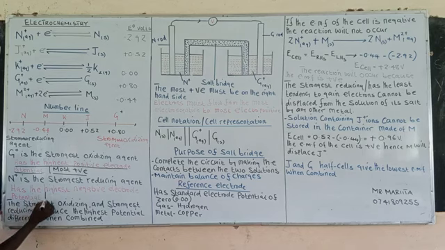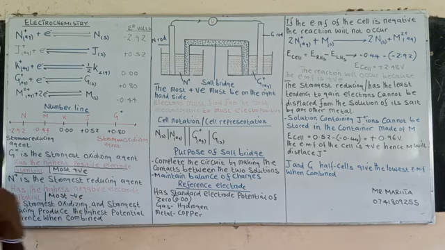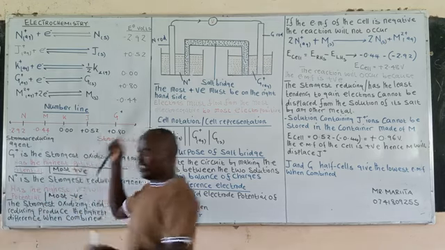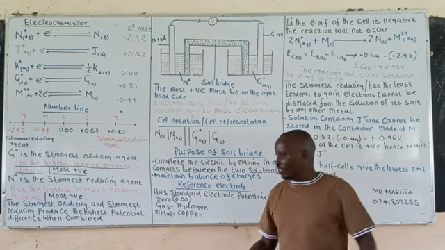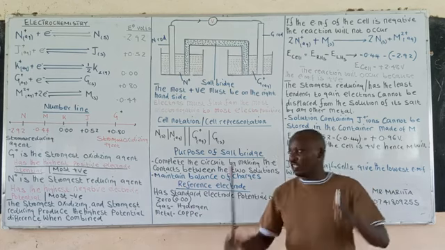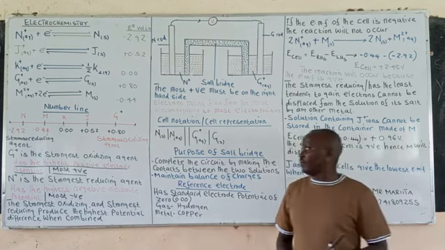So the most negative is the strongest reducing agent, and the most positive is the strongest oxidizing agent.